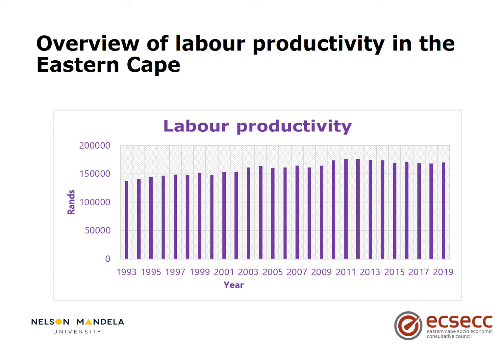However, from 2011 till 2019, we've seen a declining trend in labor productivity, or you could say it's been stagnant, which of course coincides with the declining trend in economic growth over that period, and also with that stubbornly high unemployment rate, as we saw in the earlier slides.